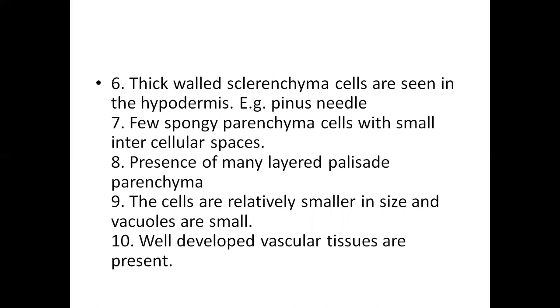It is usually well developed in the xerophytes, and a few spongy parenchyma cells with small intercellular spaces are also observed, and many layered palisade parenchyma is observed. In comparison to spongy parenchyma, palisade parenchyma is very well developed, and the cells are relatively smaller in size and the vacuoles are small.